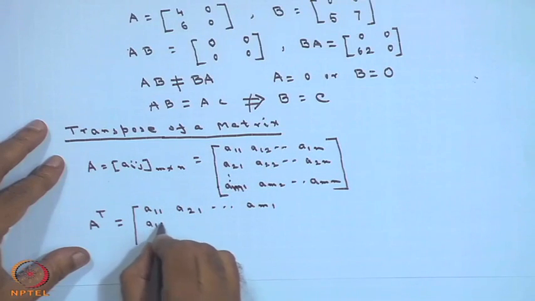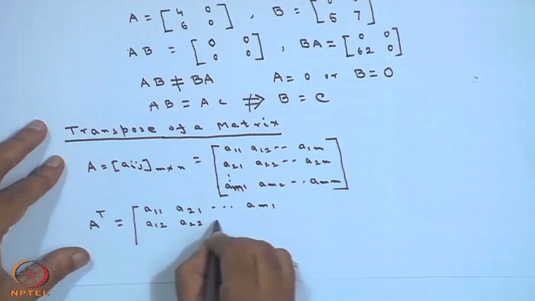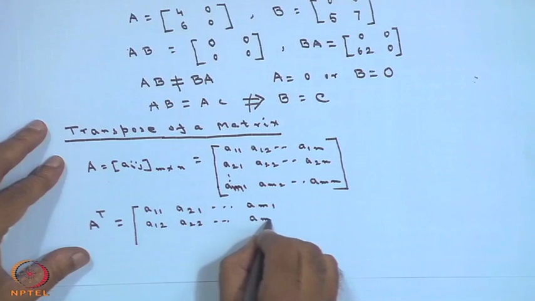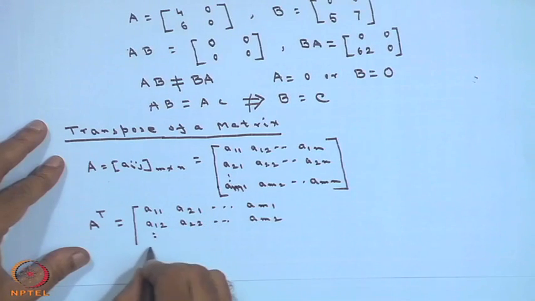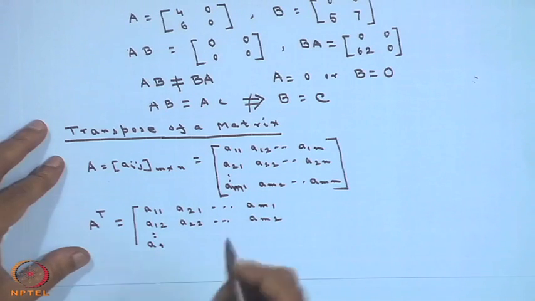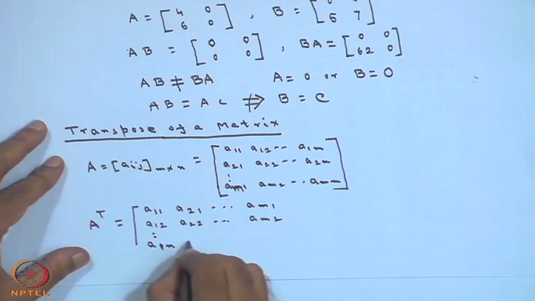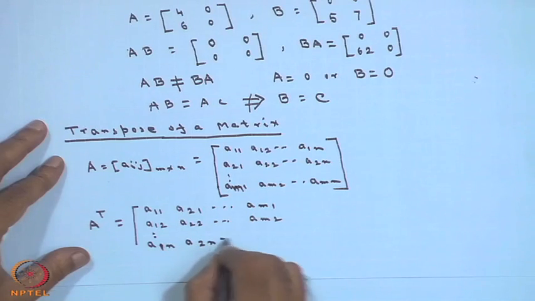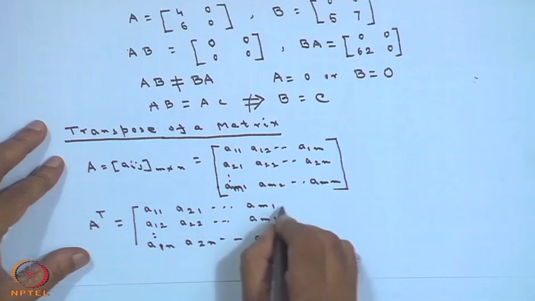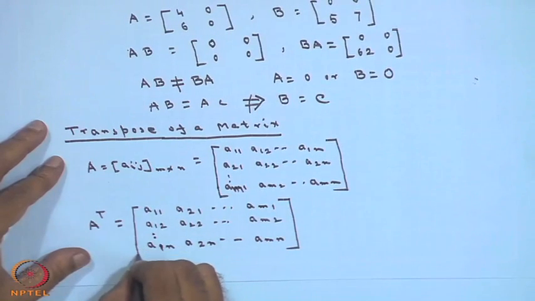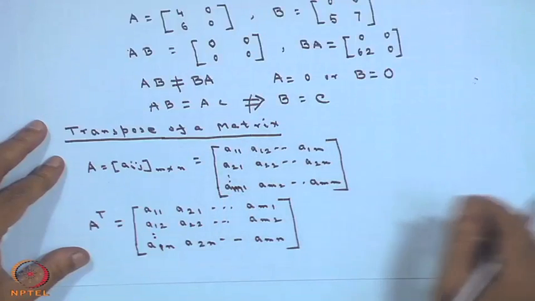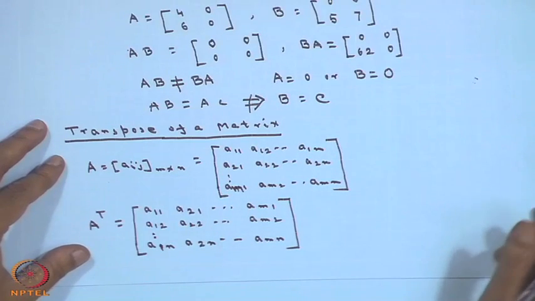The next one will be A12, A22 and Am2, and the last one will be A1n, A2n, like this way Amn. So, transpose of a matrix is nothing but interchanging the rows and columns of the matrix.